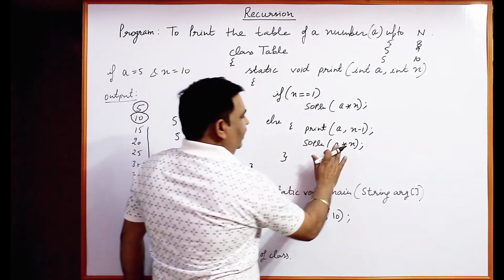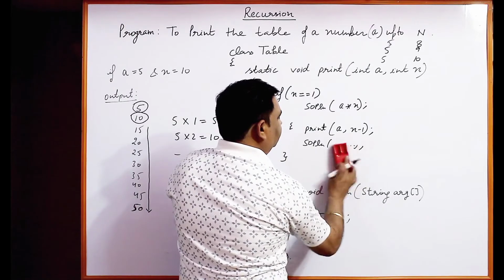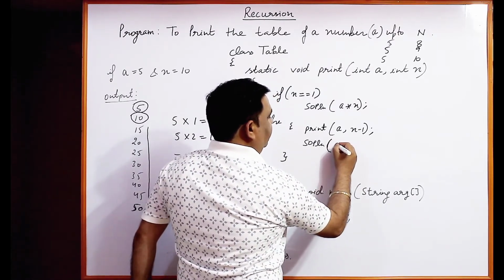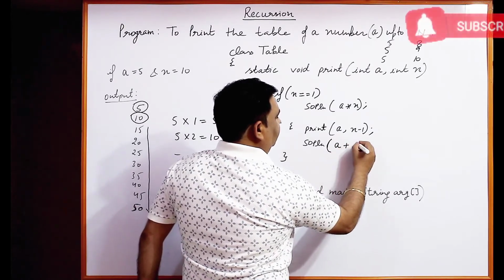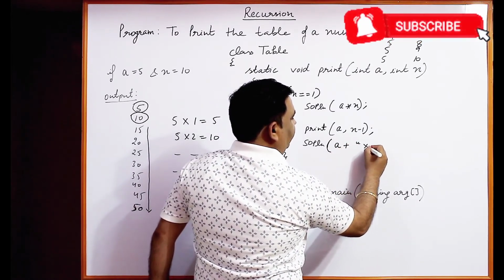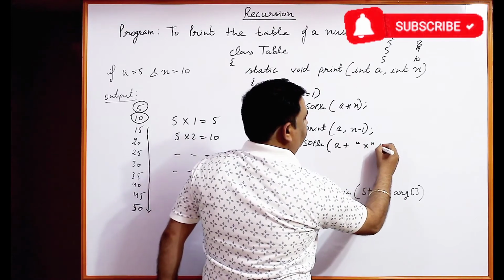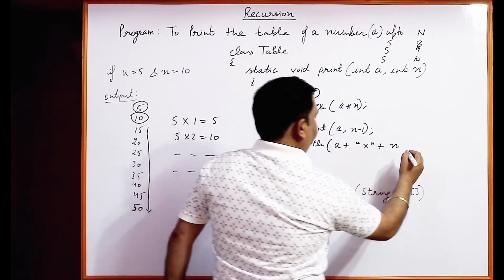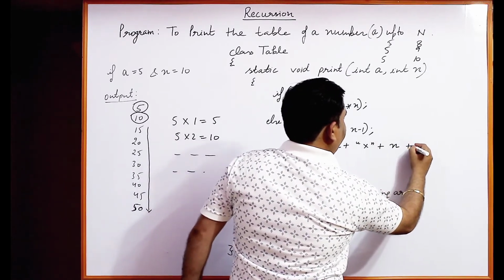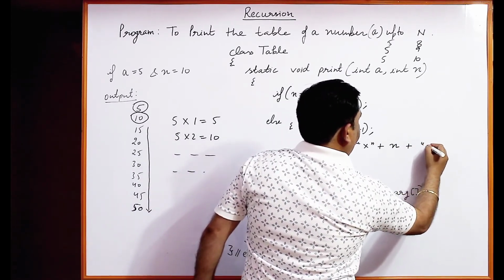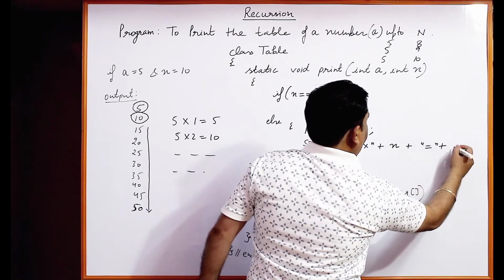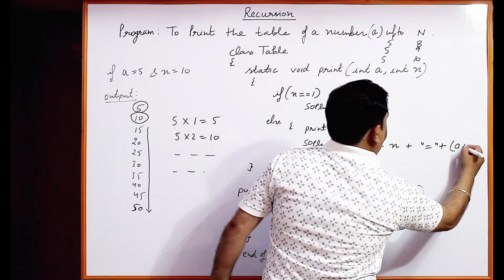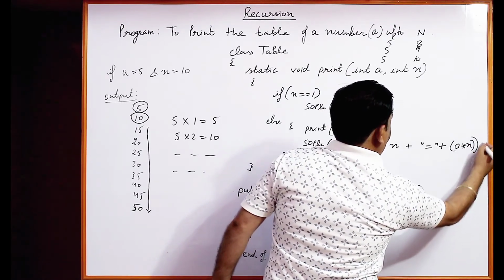Just a slight change you have to make. Instead of printing here, you write a plus multiplication sign plus n plus equal to sign plus a into n.